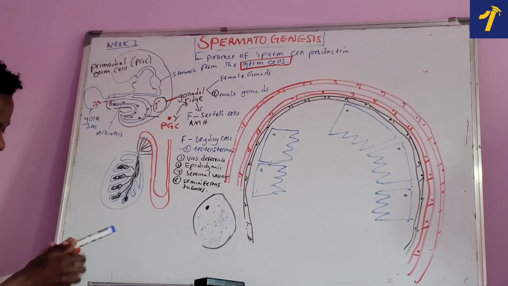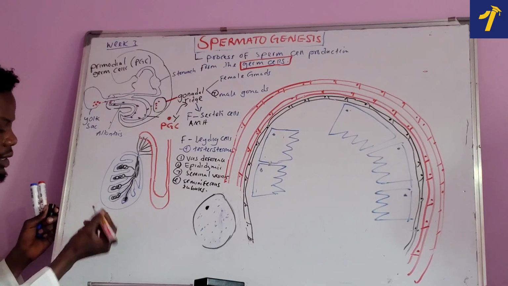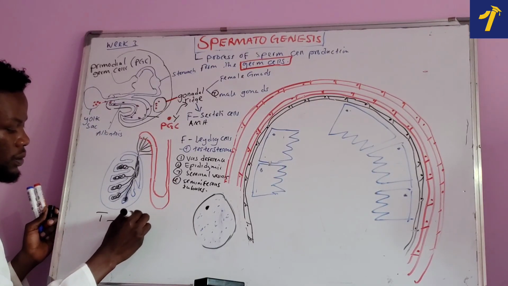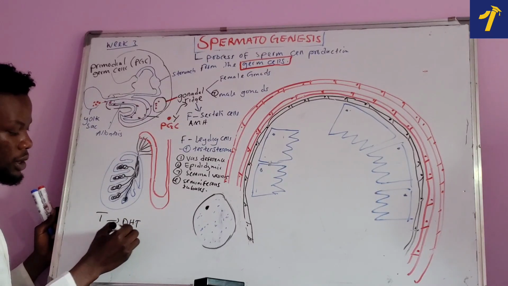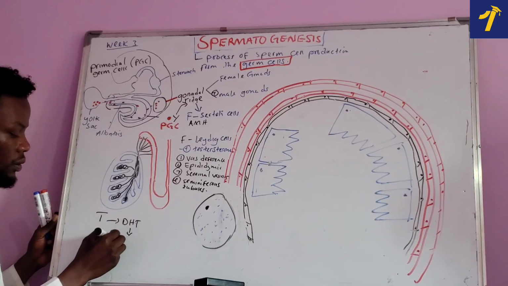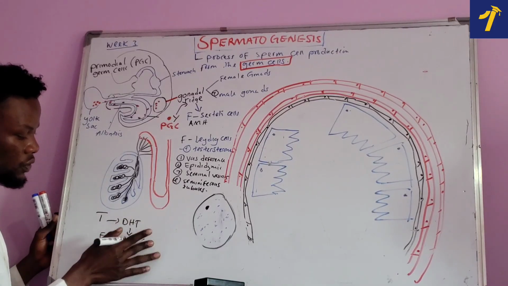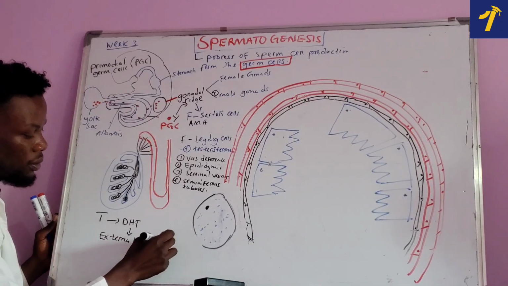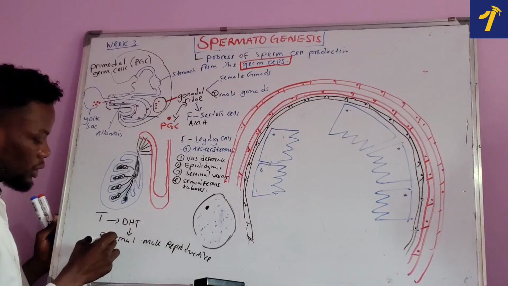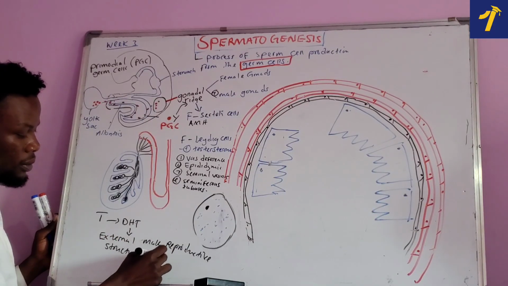So what you are simply saying is that testosterone has to be converted into dihydrotestosterone for it to promote the development of male reproductive structures. Like what?